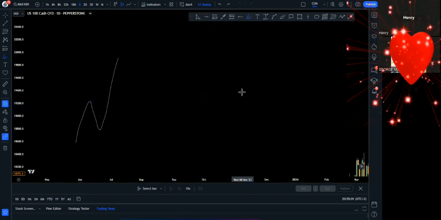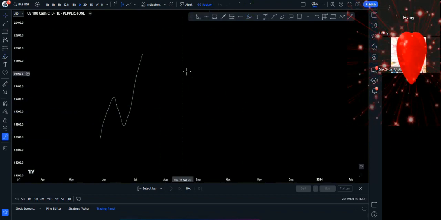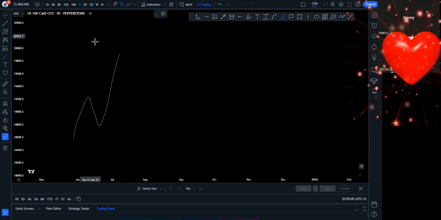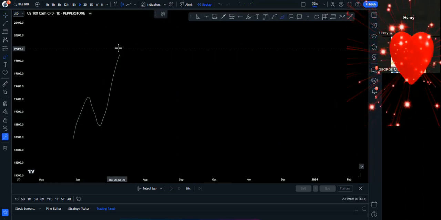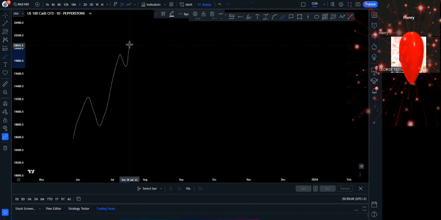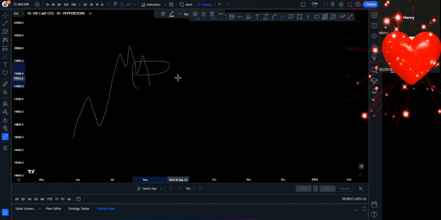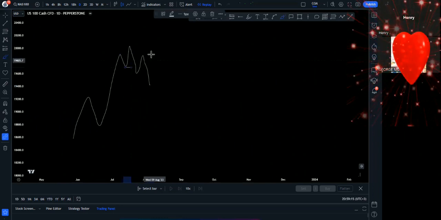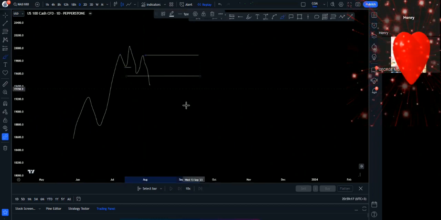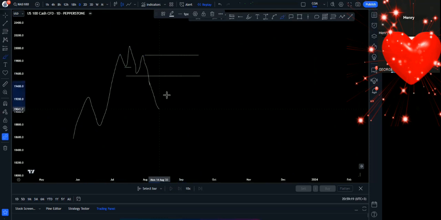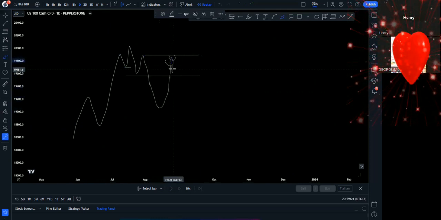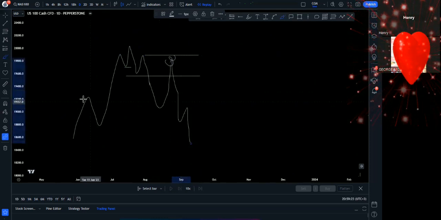So what do we want to see here? Now, what we want to see is like this. If the monthly has to go down, we want to see the shift from the daily, and then a new formation formed from the daily. This shift and this new formation will give us the indication whether the market will return into these areas to go back downside into the monthly liquidity area.